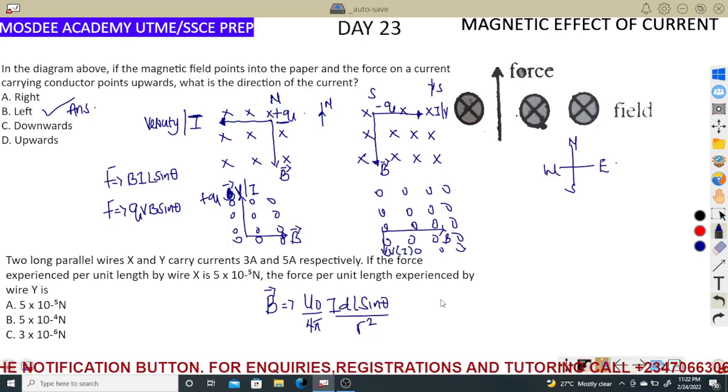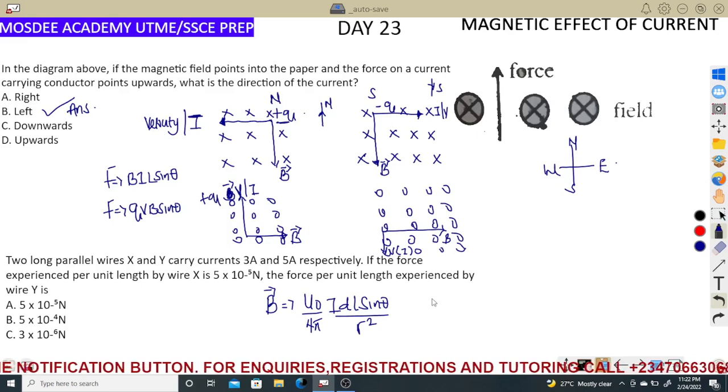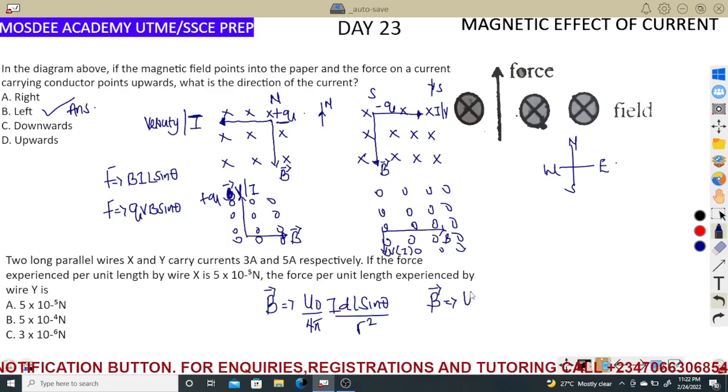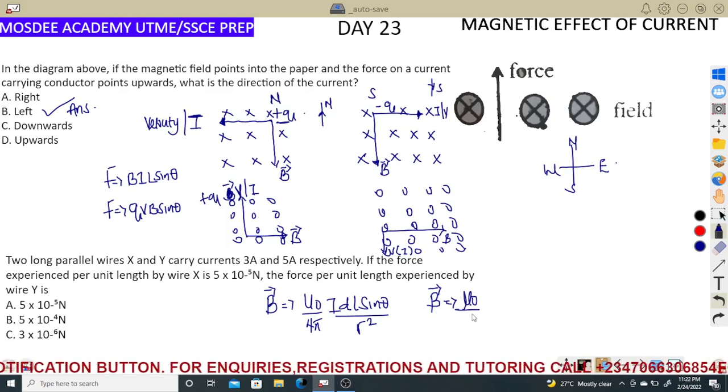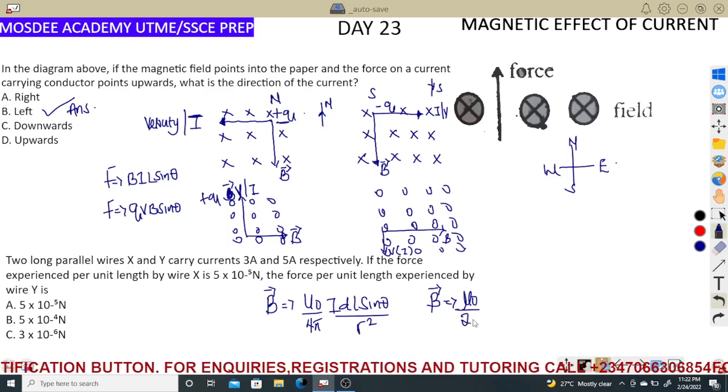Now, if there is more than one wire, the magnetic field generated by two long infinite wires is given as B equals mu naught over, integrating the wire carrying current. This will now give us 2.